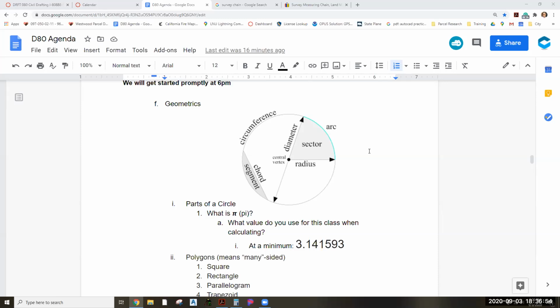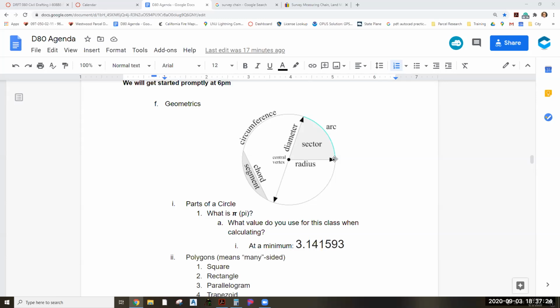So, parts of a circle. This image right here gives you everything that you need to know about what I hope that you know about circles. The line in cyan is what we call an arc.